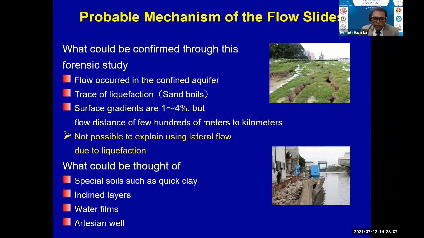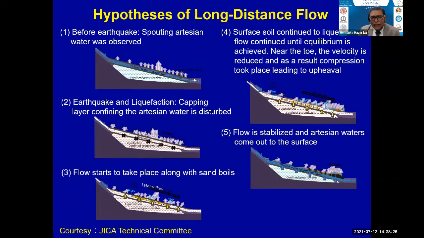So what we can think of is that there is some very special soil, and some phenomenon like quick clay might have taken place, and there are inclined layers within the geology, formation of water films, and existence of artesian wells. These are some of the hypotheses of long distance flow.